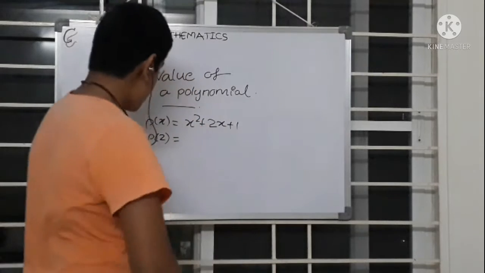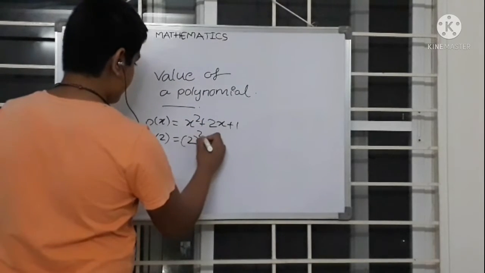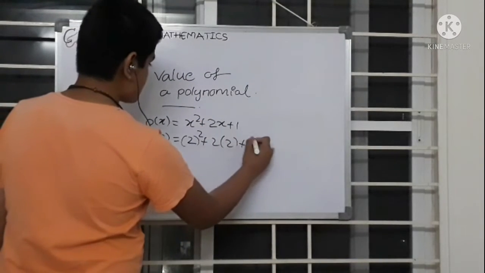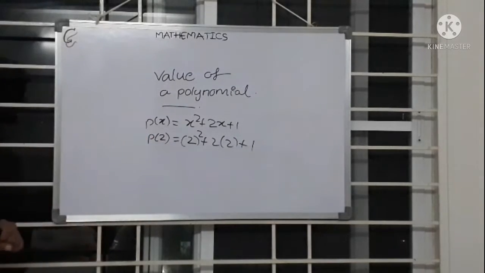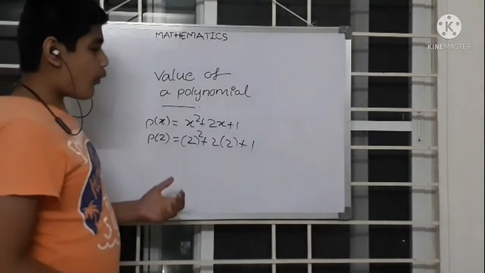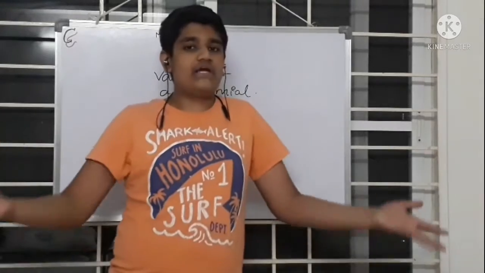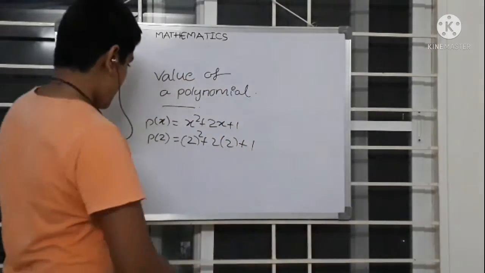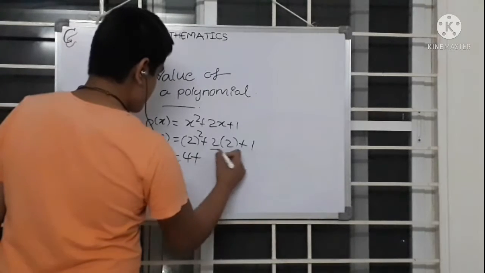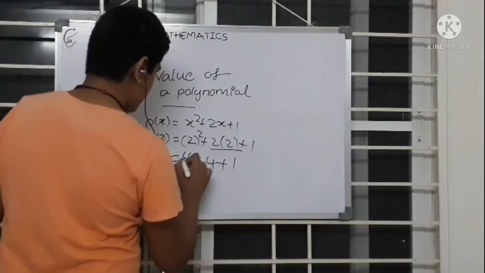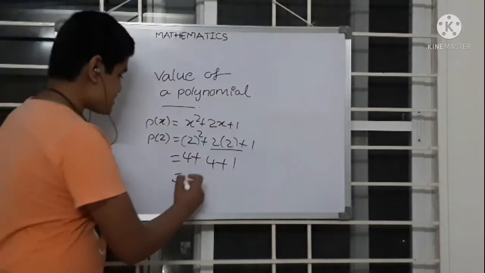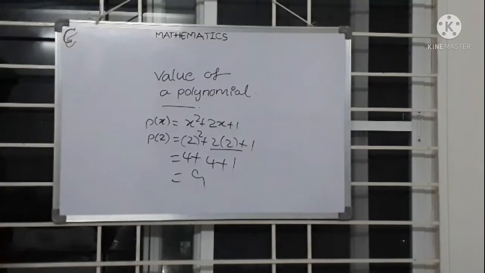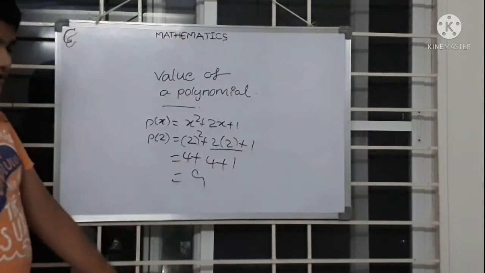So 2 square plus 2 of 2 plus 1. Why are we doing it this way? We said x is 2, so wherever you find x in the given equation, you have to substitute 2 there. That's all. Now 2 square is how much? 4, plus 2 twos are 4, plus 1. So 4 plus 4 is 8, plus 1 is 9.